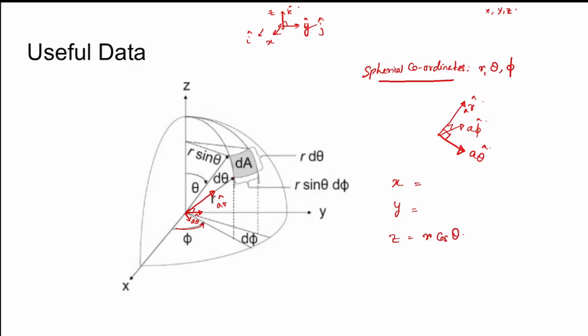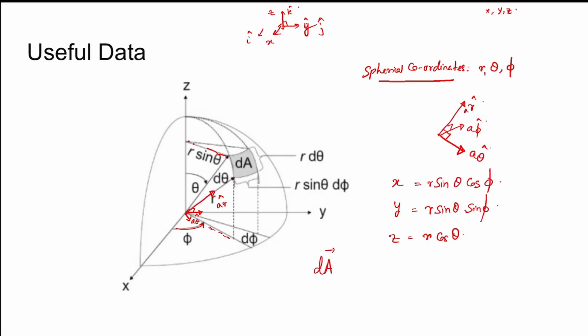For y, if this is r and this is theta, this length is r sin theta, and you bring this length into the xy plane and then resolve into x and y again. So y is r sin theta multiplied by sin phi, and x is r sin theta multiplied by cos phi.